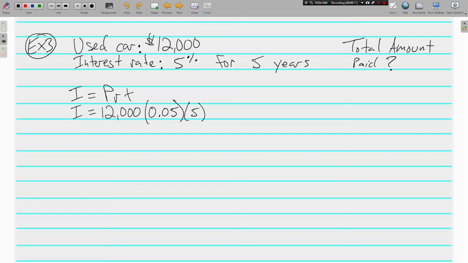When we multiply 12,000 times 0.05 times 5, we get $3,000 of interest. So if it costs $3,000 to borrow $12,000, then after 5 years we will have paid back a total, adding those two things together, of $15,000.